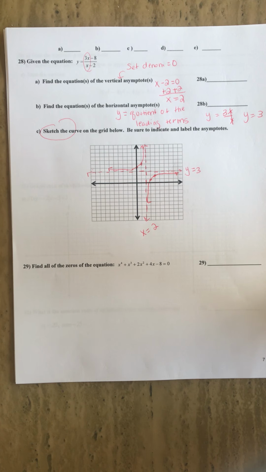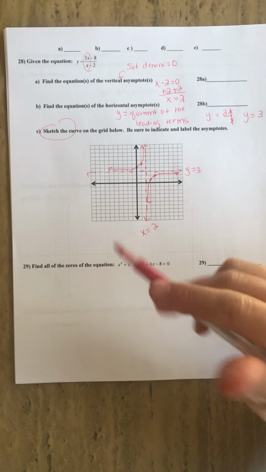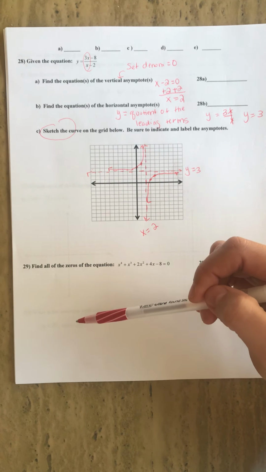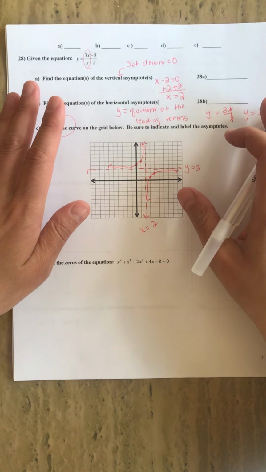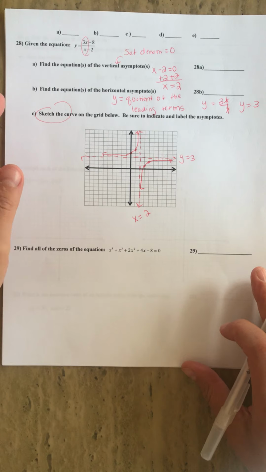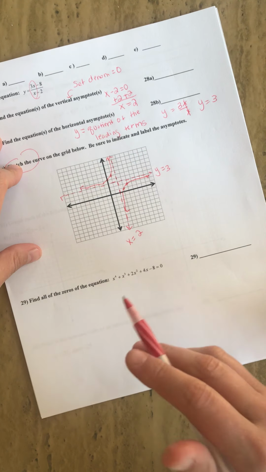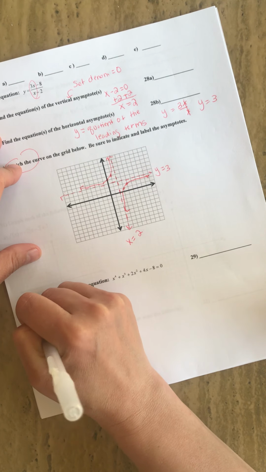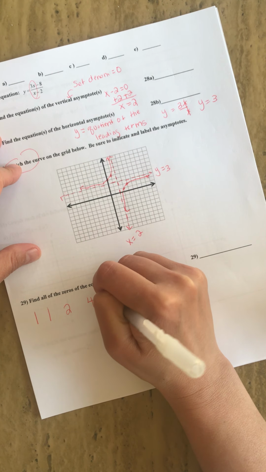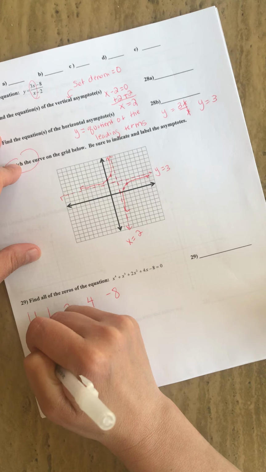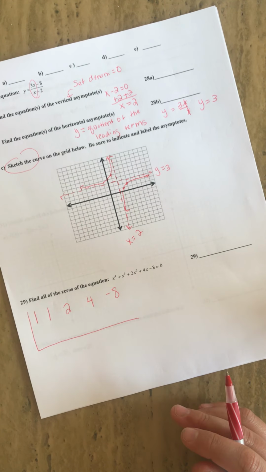All right, so the next thing we have is to find all the zeros. The first thing that you guys need to remember is that you're going to go ahead and do this by division. So we're going to start here with our coefficients 1, 1, 2, 4, and -8. And you're going to go ahead and divide this.